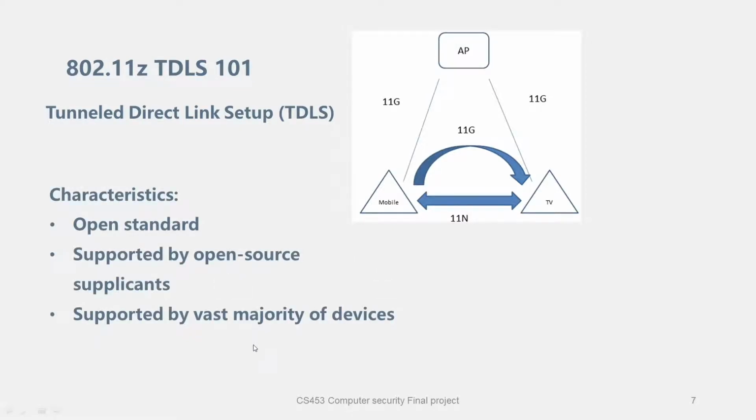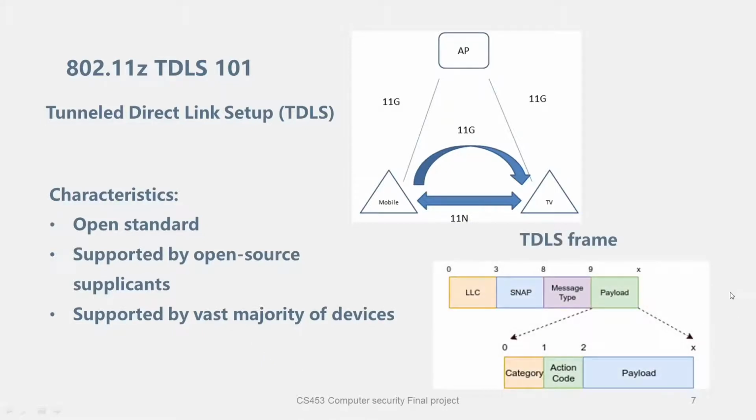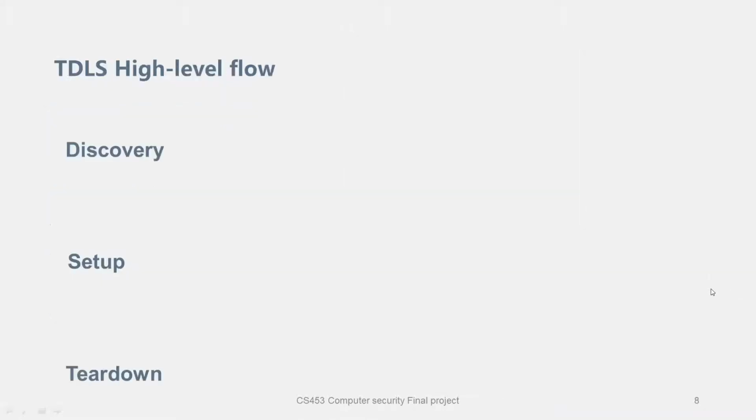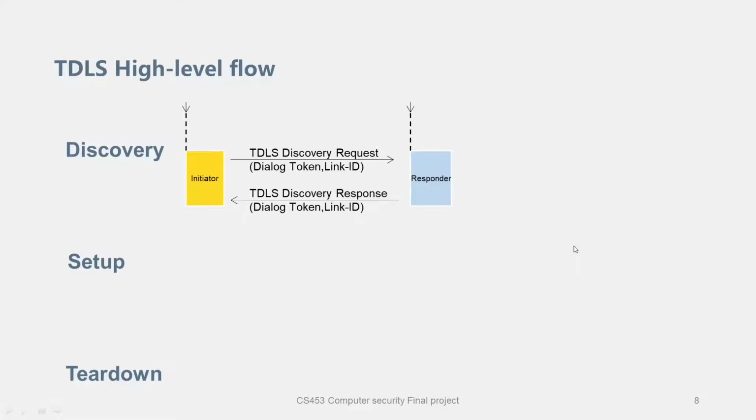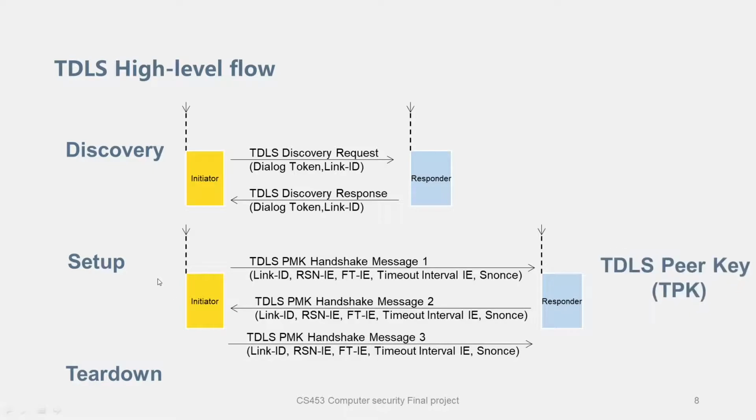The TDLS frame is like this. This graph shows the high-level flow of TDLS. There are three kinds of phases: discovery, setup, and teardown. When setting up a connection, the peers perform a three-way handshake.